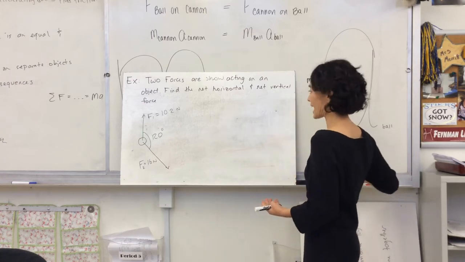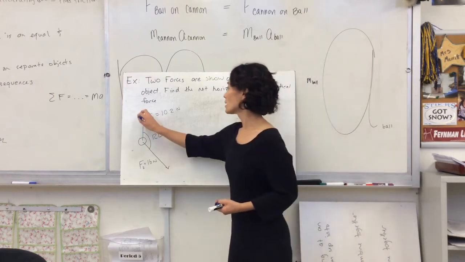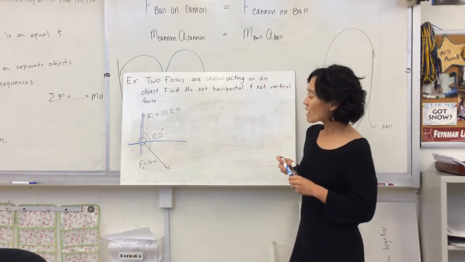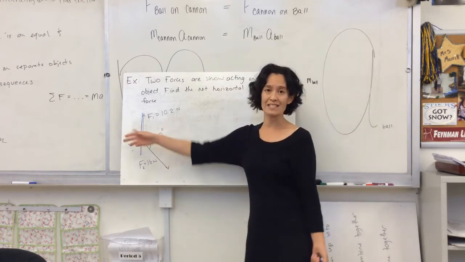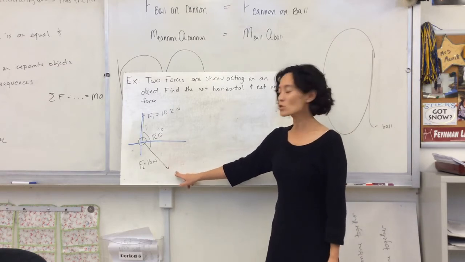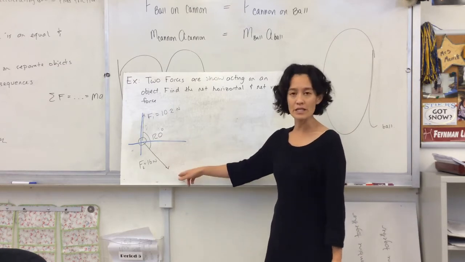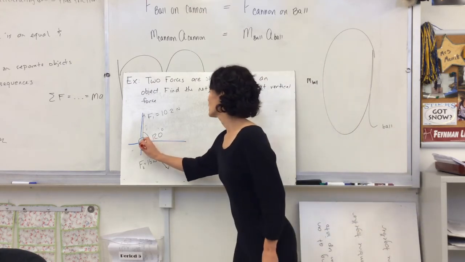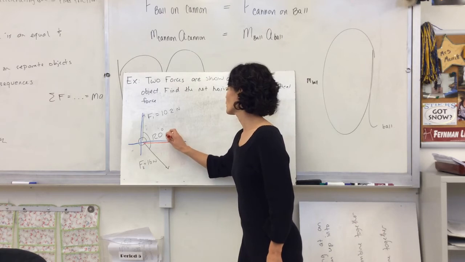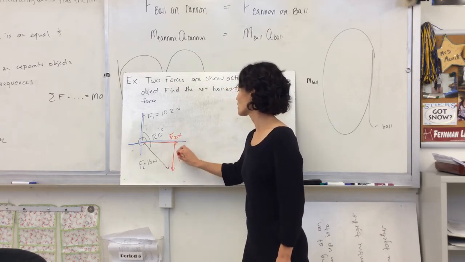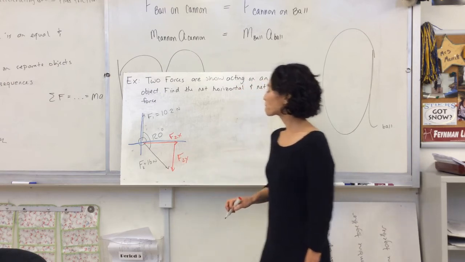If I think about a coordinate system like this, you can see my F1 is along that y-axis, so I don't need to break that one up. But my F2, this 16 newtons, is going in a direction like southeast, and so there is definitely a component of it going in this direction, which I would call F2x, and there's a component going in that direction, which I'd call F2y.